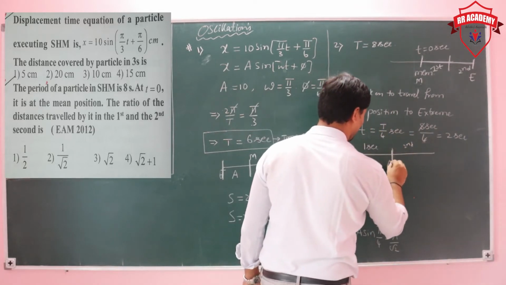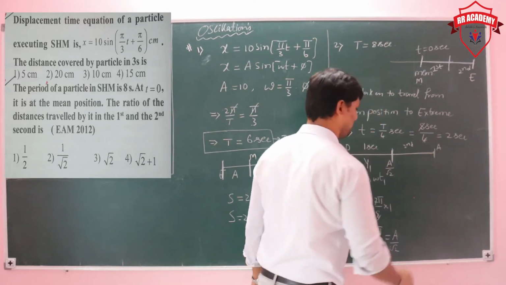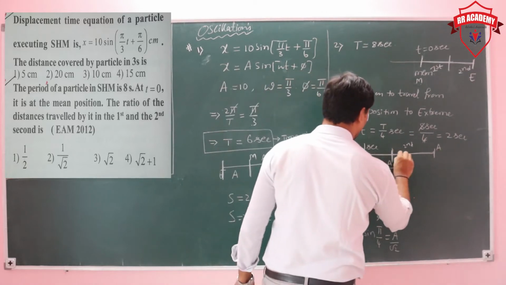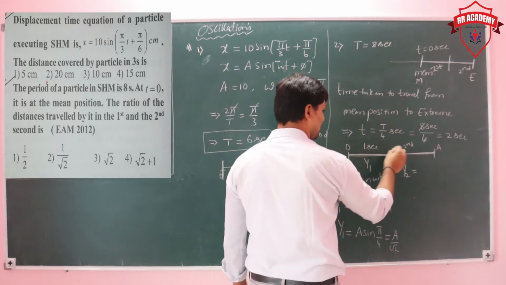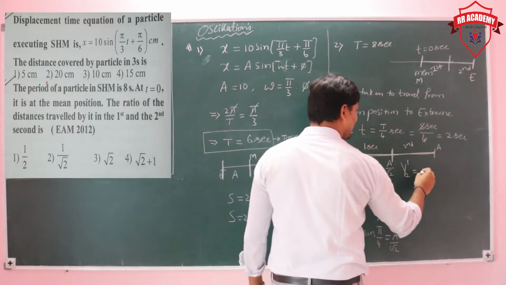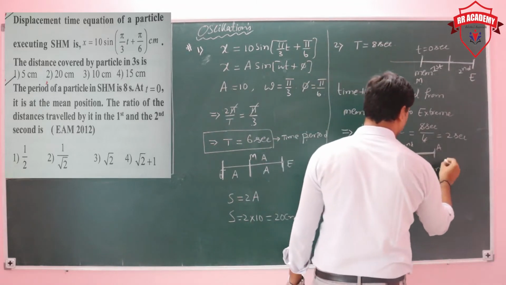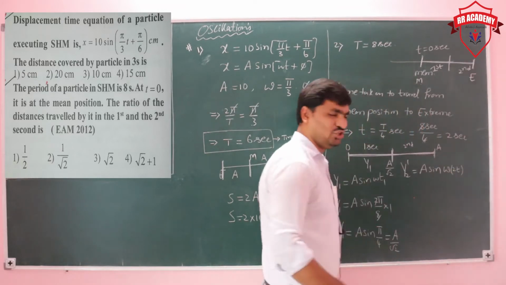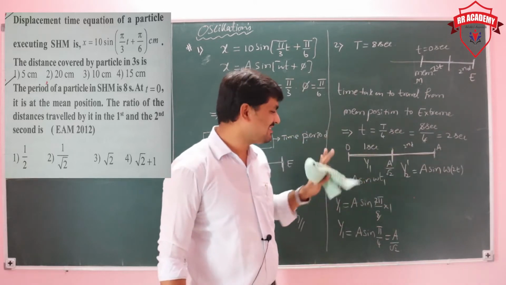Next, in the next second, where does it start? From the distance of A by root 2 to which distance is it going? A. So the total time is 2 seconds. The total displacement from here to here I am considering as y2 dash. Total displacement is A sine omega into 2 seconds, or you can write t1 plus t2, first second plus second second.